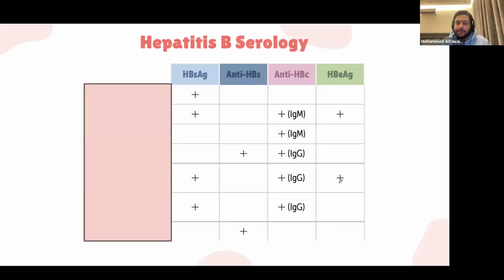Now we'll practice the serology. Let's look at this one by one. The first one is not important, okay? Let me see if you can get this, but you're not going to get tested on this first one. If the only thing elevated is surface antigen, what does this patient have? Infection.